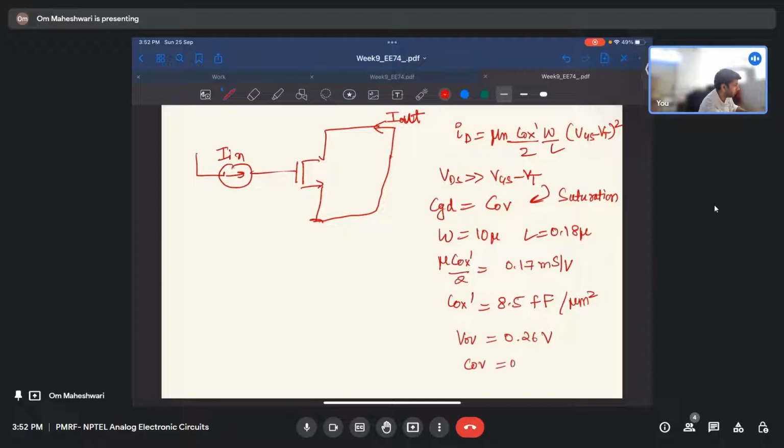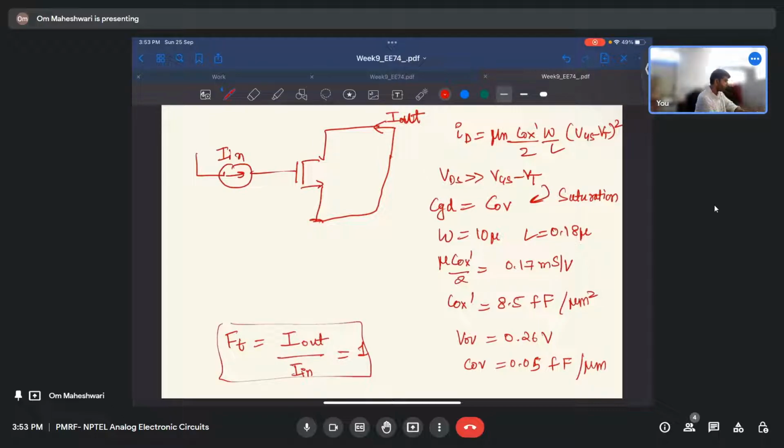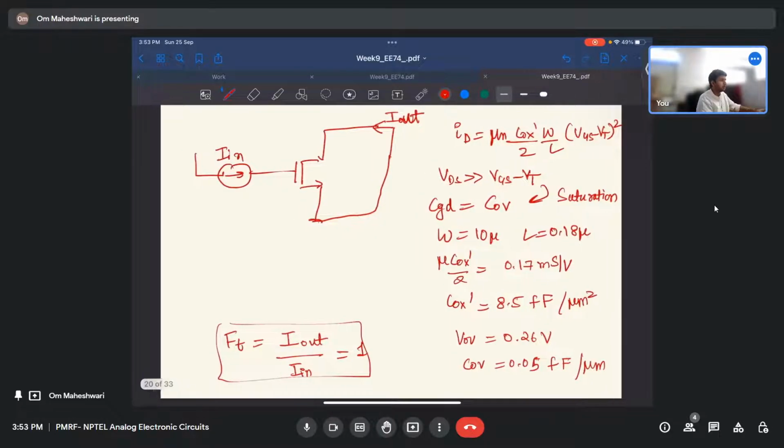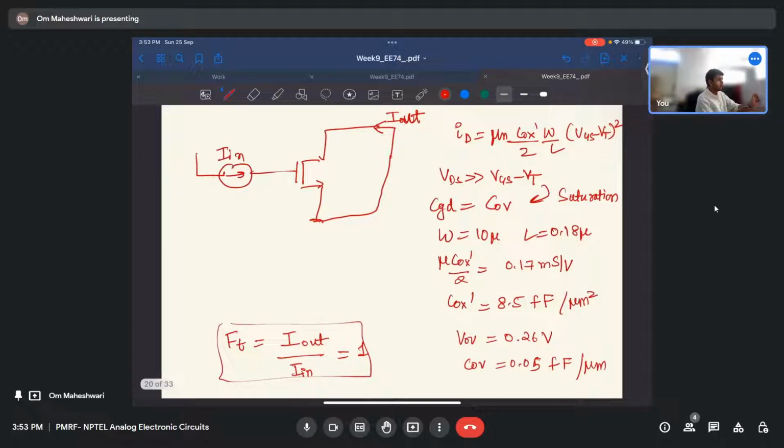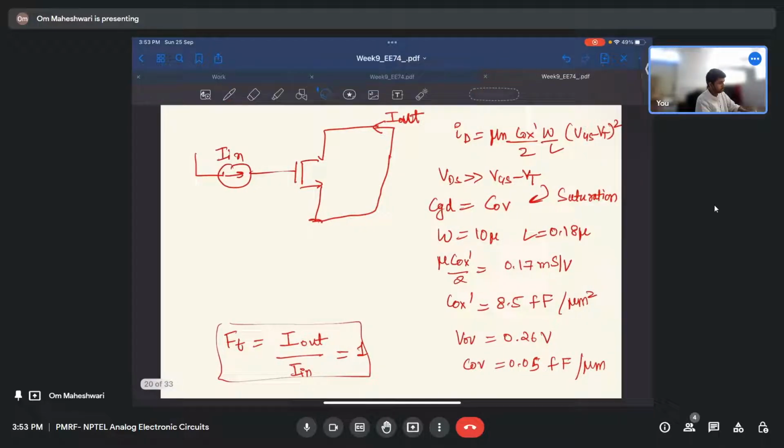COV is 0.05 femtofarad per micrometer. FT is the frequency where I out by I in equals 1. So to find that, let us again draw, I'll copy this.